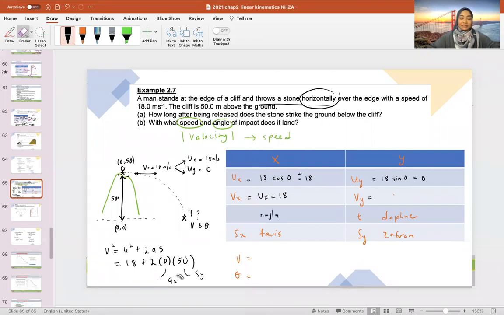So Najla, pending. Buat balik. Alright, Faris, SX. Saya buat S equal to UT. Okay, S equals dapat 57.42. What is your U here? U, 18.